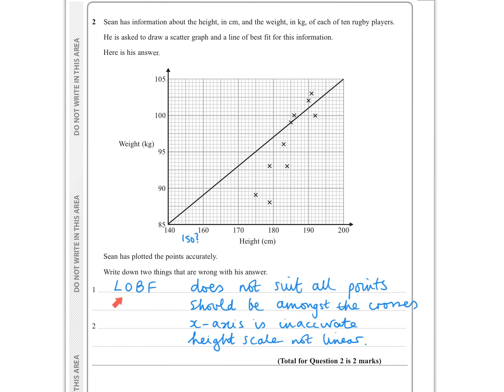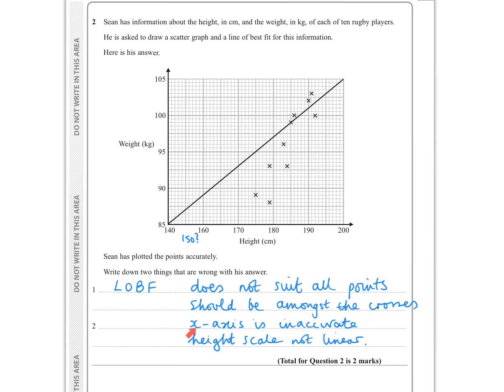Well, I've said the line of best fit does not suit all the points, or you're allowed to say it should be amongst the crosses. It should really be more down here, shouldn't it? I also noticed, not straight away, but after a bit of looking, that 150 wasn't even mentioned.